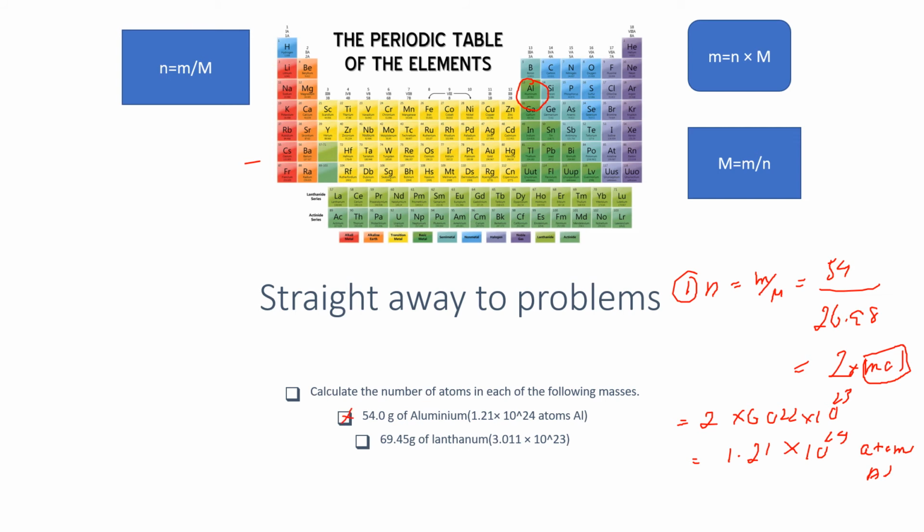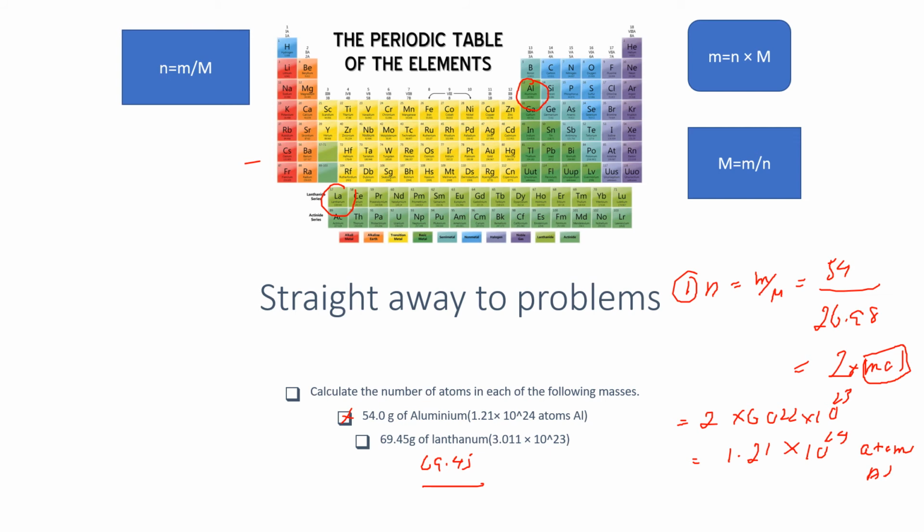First step, we do 69.45 divided by lanthanum. Lanthanum is La here. It is 138.906.